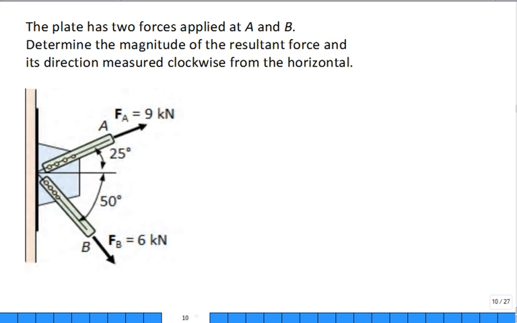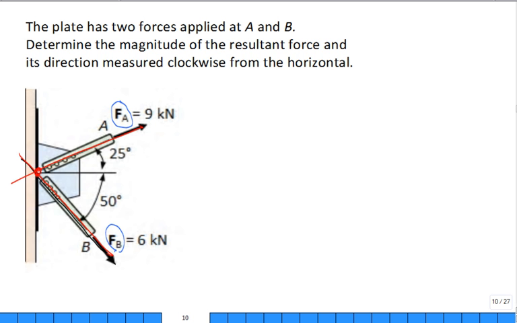You have a plate with two forces applied at A and B. So this is the subscript notation, force A and force B. The line of action of B intersects with the line of action of force A. Can you see that? Where do they intersect? Right there.